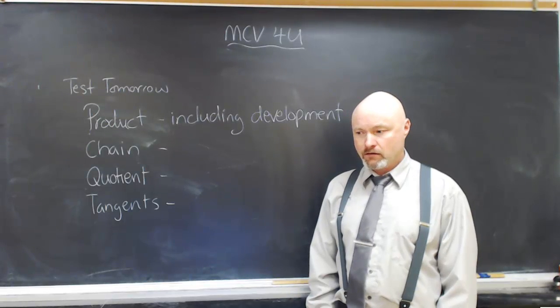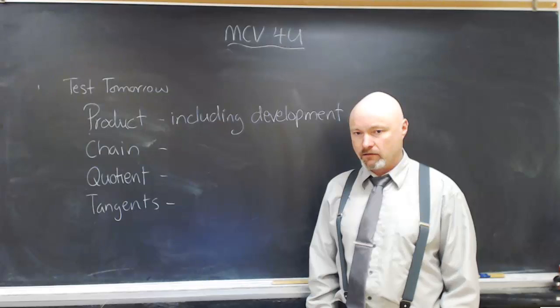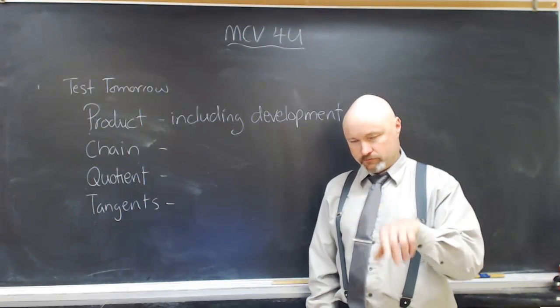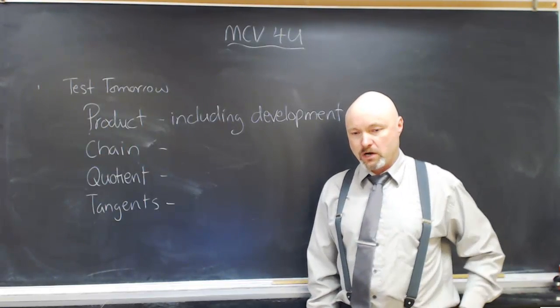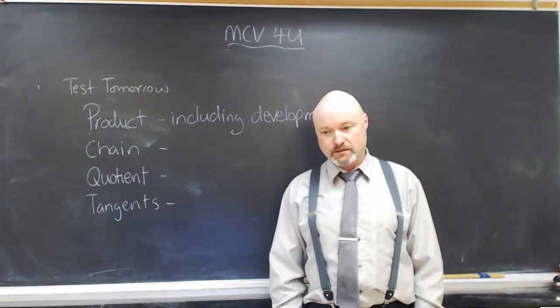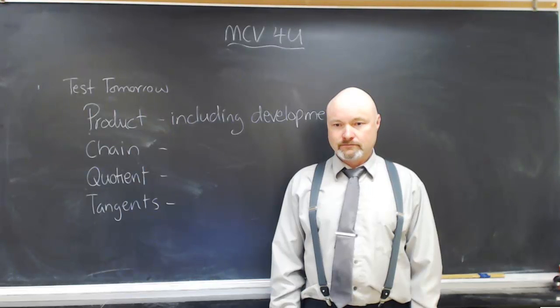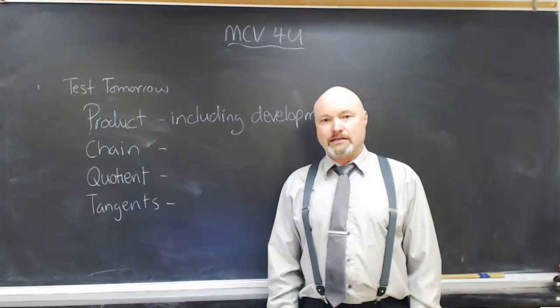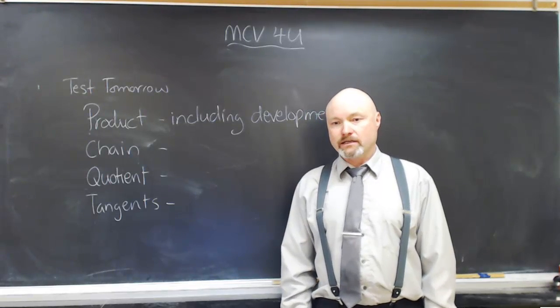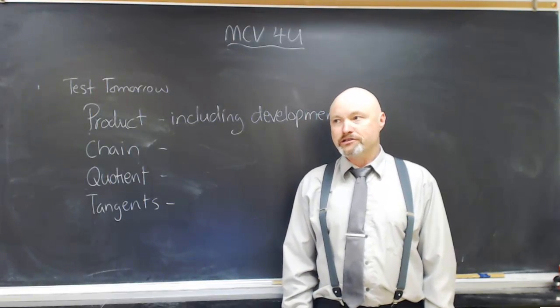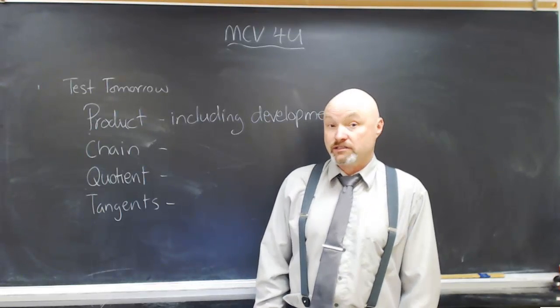Right. And I put a little image that shows you what the product rule development is. Okay. For the tangent, just find the equation? Yeah, so it might be, what's the equation of a tangent at such and such a point on the curve?